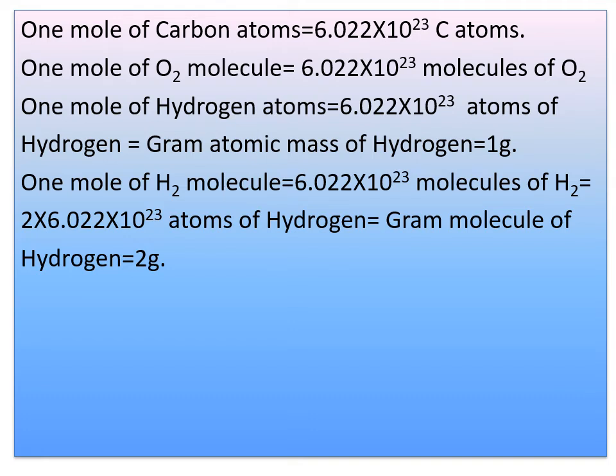So remember that. 1 mole of carbon atom, Avogadro number of carbon atoms. 1 mole of oxygen molecule, Avogadro number of molecules of oxygen. 1 mole of CO2 molecules, Avogadro number of CO2 molecules. Already you know what is Avogadro number. Avogadro number is 6.022 into 10 power 23.